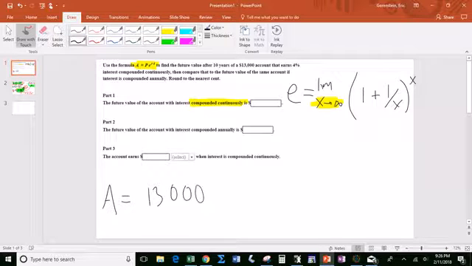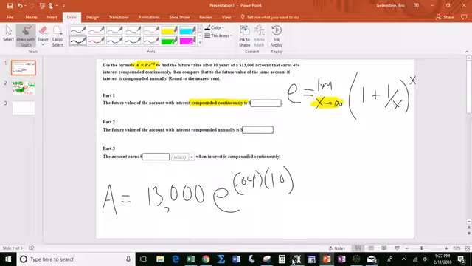In this problem, it's 13,000 times E to the power R times T. So the R is the rate, that's the 0.04, and T is 10 years in this case. Okay, so 13,000 E to the 0.04 times 10.